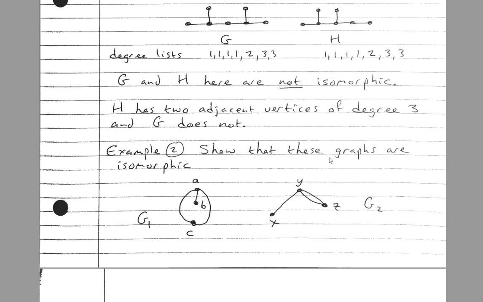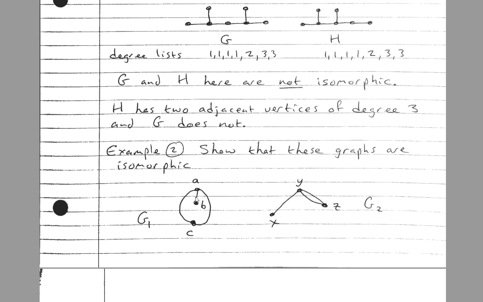Example 2, show that these 2 are isomorphic, G1 and G2. All right, so I've tried to make them look different by drawing them differently, but I hope you can see these are really the same.